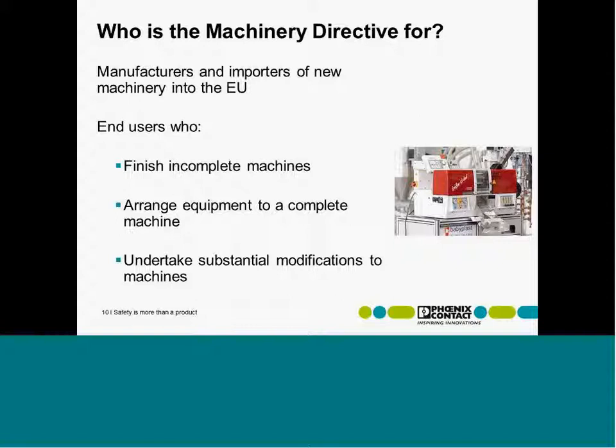That means the end user will modify this machine in a way where he has to take into account that this modification has to be seen as an essential modification. It might be the point where you have to change the original safety concept, for example, or result in longer stopping distances for safety devices or other things.